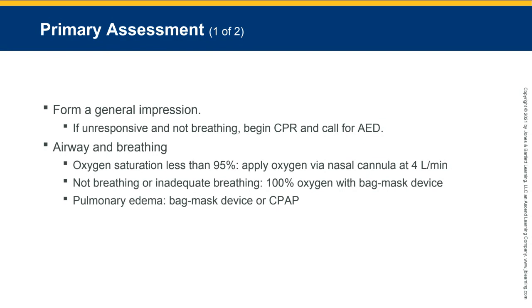If the patient has pulmonary edema, your BVM or CPAP is what you're going to use. BVM if the patient is not responsive, CPAP if the patient is responsive. Very important slide. Extremely important. All right.